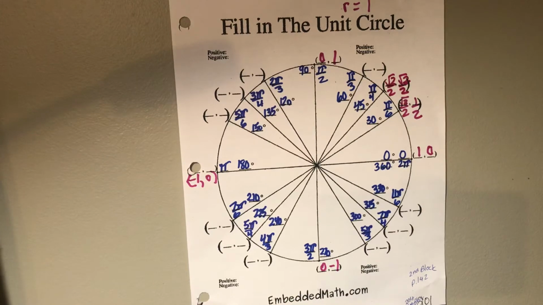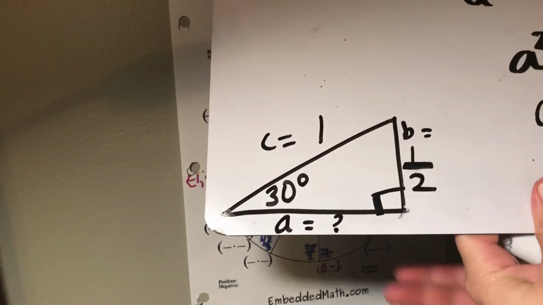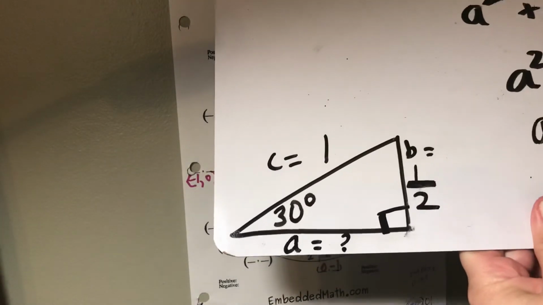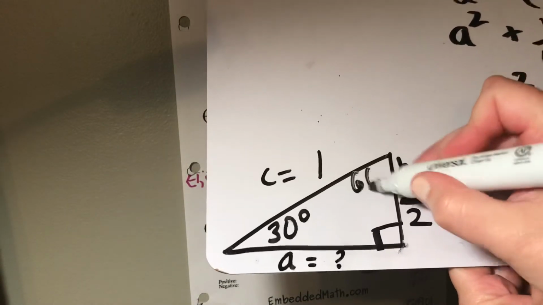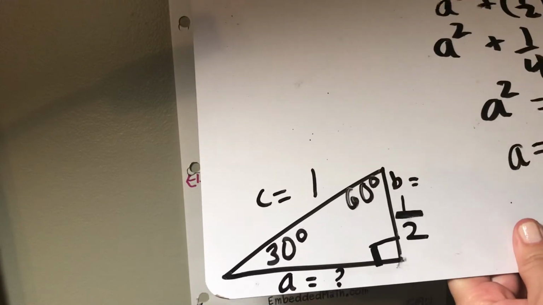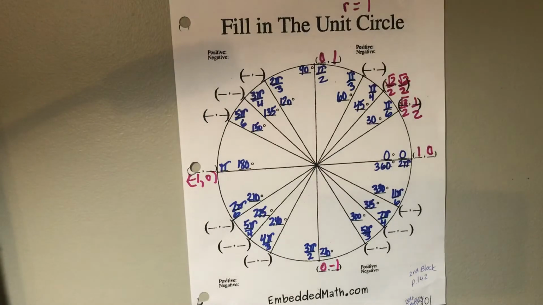Now 60 degrees, and 60 degrees we've actually already done. If you have a right triangle and one angle is 30 degrees, the other one must be 60. So I'm going to take my answers and just reverse them for 30 degrees.